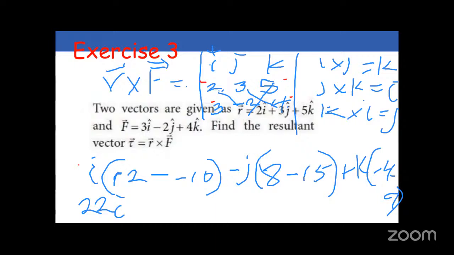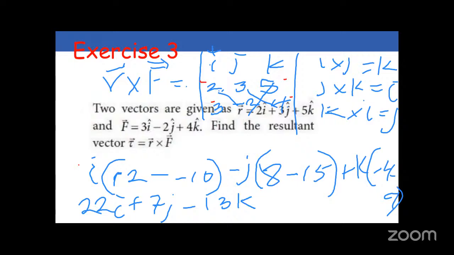Minus 7 times minus j. That will be a plus 7j. Then here we have minus 4 minus 9. That will give a minus 13. Minus 13k. So this is our answer.